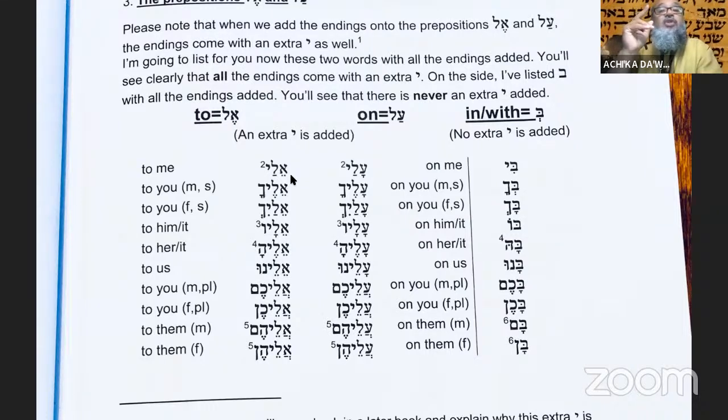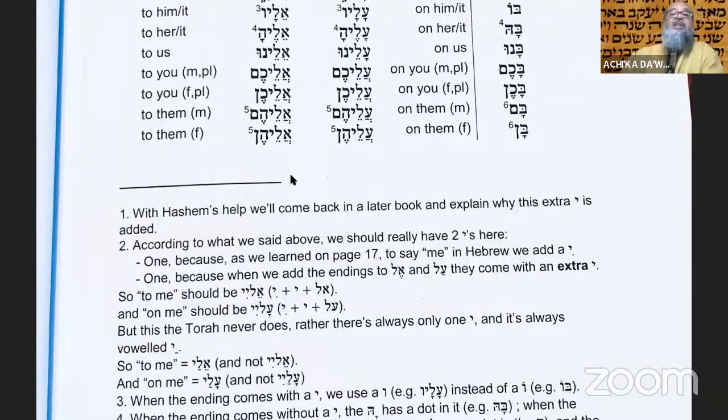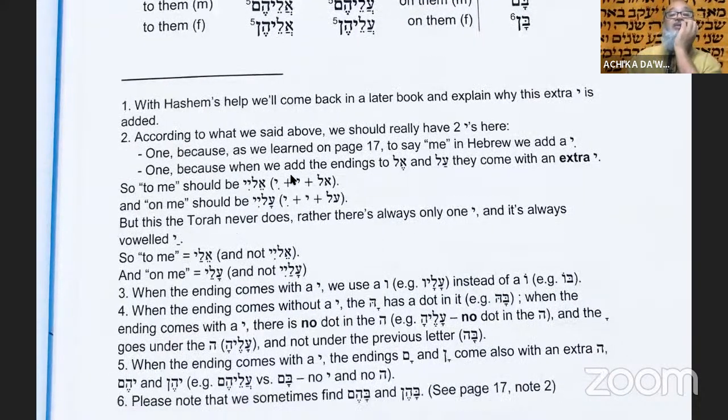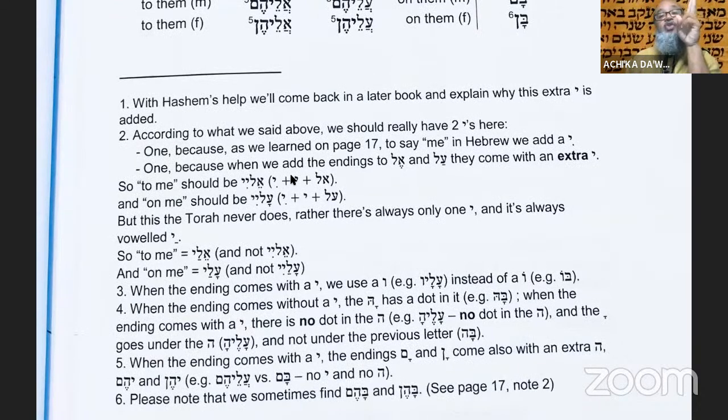You will see clearly that all the endings come with an extra yod. On the side, I have listed the bet with all the endings added. So all the endings that are added to the bet are on that side with no extra yod. I don't like the way they're explaining this. This is the reason why I have a problem with it. But if you look at the note on number 2, it says, according to what we have said above, we should really have 2 yods.